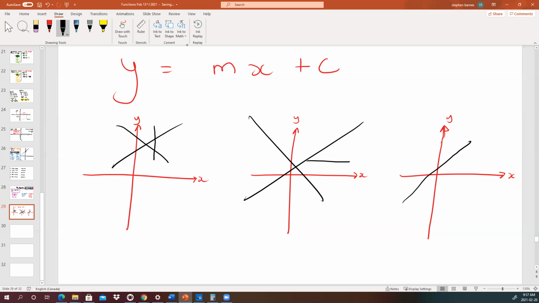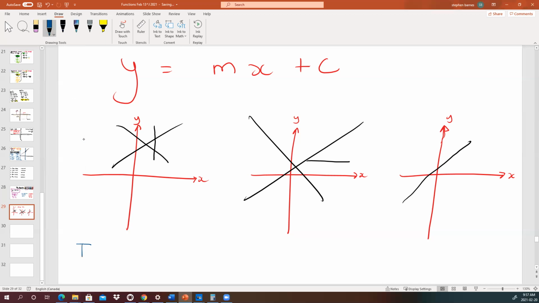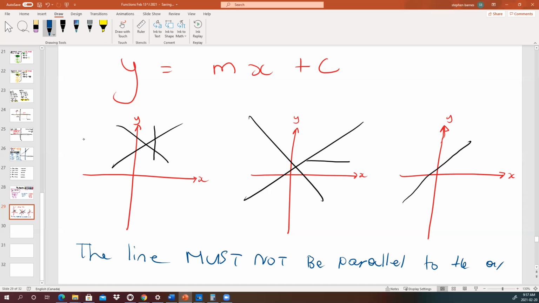So in order to use this formula, the line must not be parallel to the axis, to any of them, whether it's the x-axis or the y-axis. Otherwise, you can always use it.